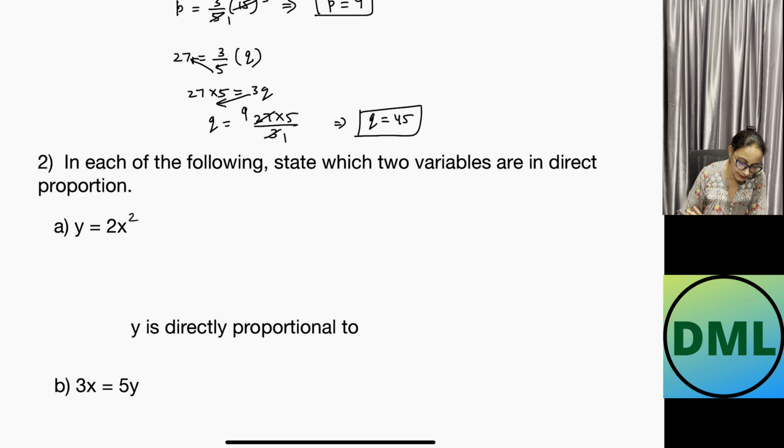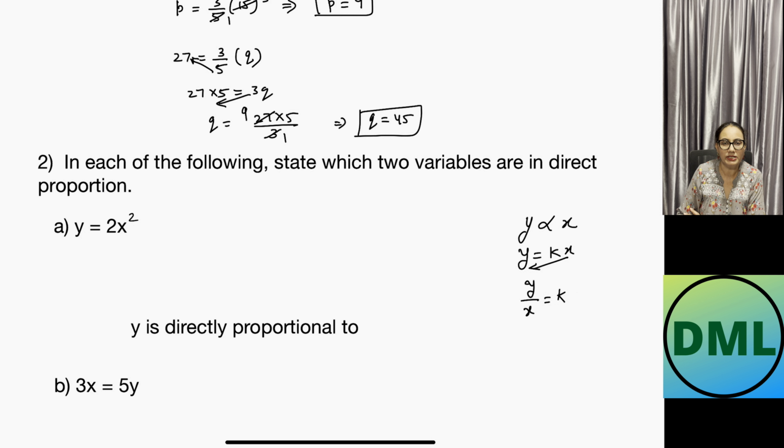If we can see from here, y is directly proportional to x, we can write down as y is equal to kx. If I move this x on this side, this will be written as y over x is equal to k. K is a constant. If I write down all the functions in such a way that it equals some constant, this will give me that the function y is directly proportional to this x value.